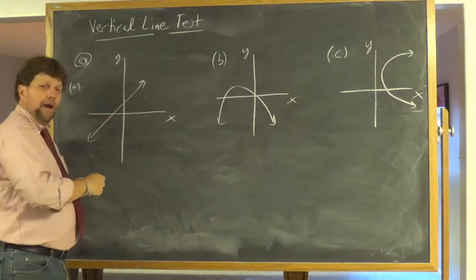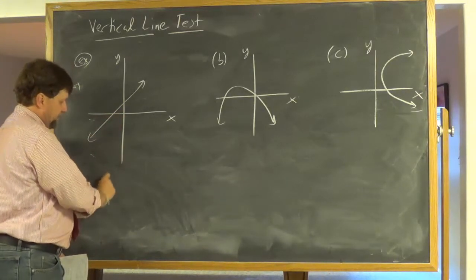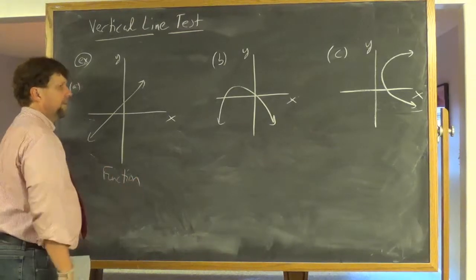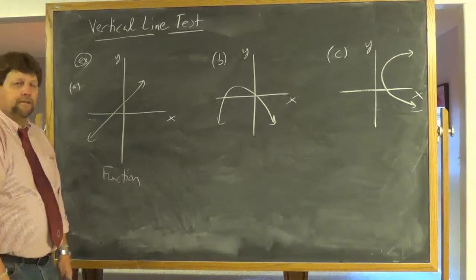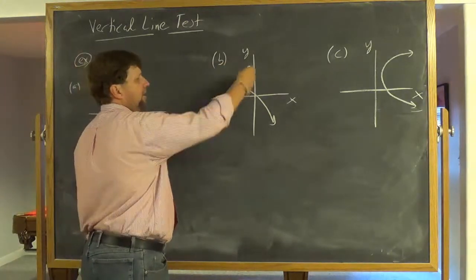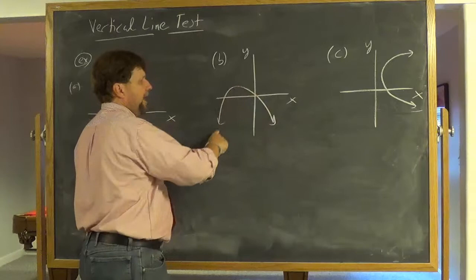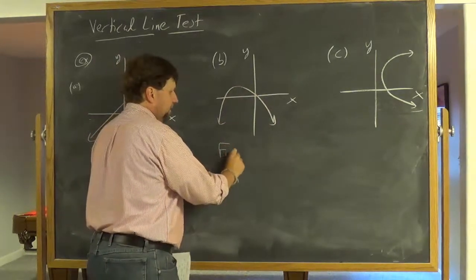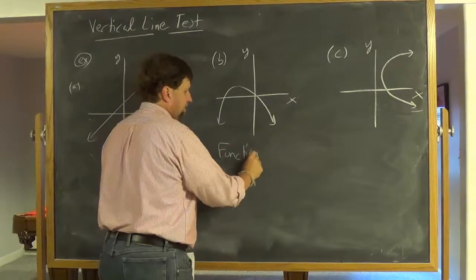Therefore, this graph represents a function. Look at part B. Any vertical line that I draw here is going to intersect the graph in only one point. So in part B, the graph represents a function.